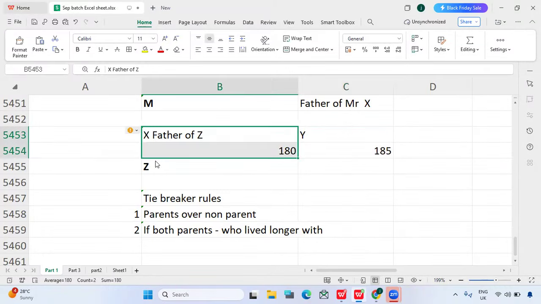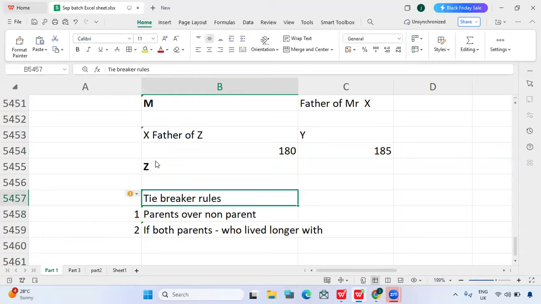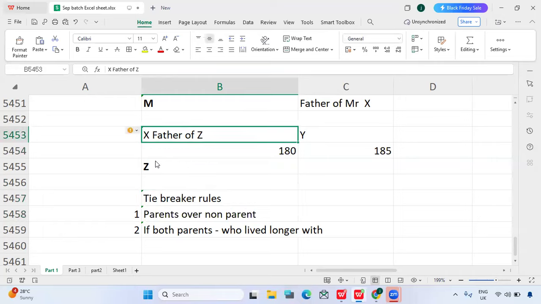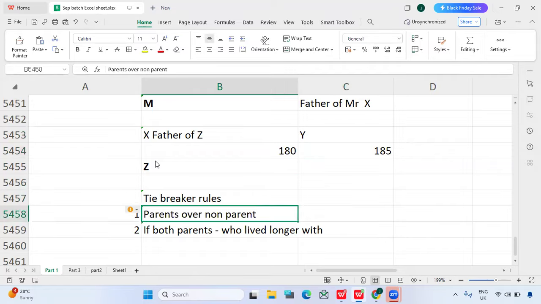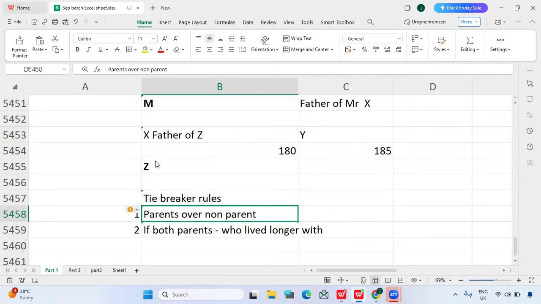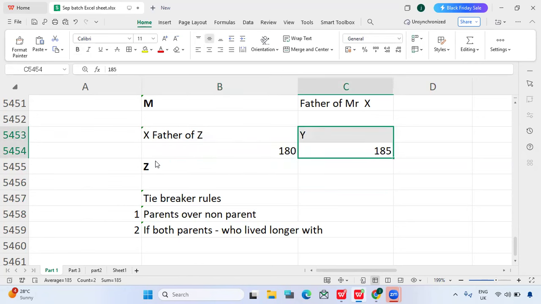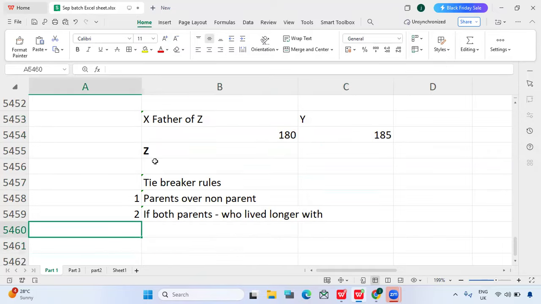Both are parents. First we check parents over non-parents, so parents get the edge. If both are parents, then we need to see who lived with the dependent for the longer period. Z lived with X for 180 days and with Y for 185 days. So who can claim as a dependent? Y can claim, because of the longer period, right?